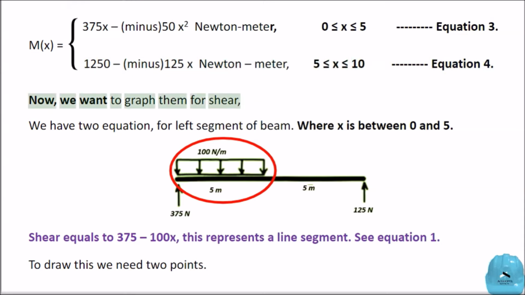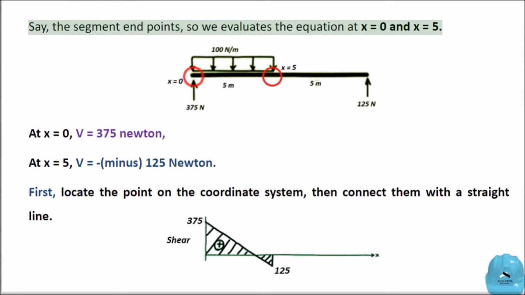Now, we want to graph them, starting with shear. We have two equations. For the left segment of the beam, where x is between 0 and 5, shear equals 375 minus 100x. This represents a line segment. See equation 1. To draw this we need 2 points. Say, the segment end points, so we evaluate the equation at x equals 0 and x equals 5.